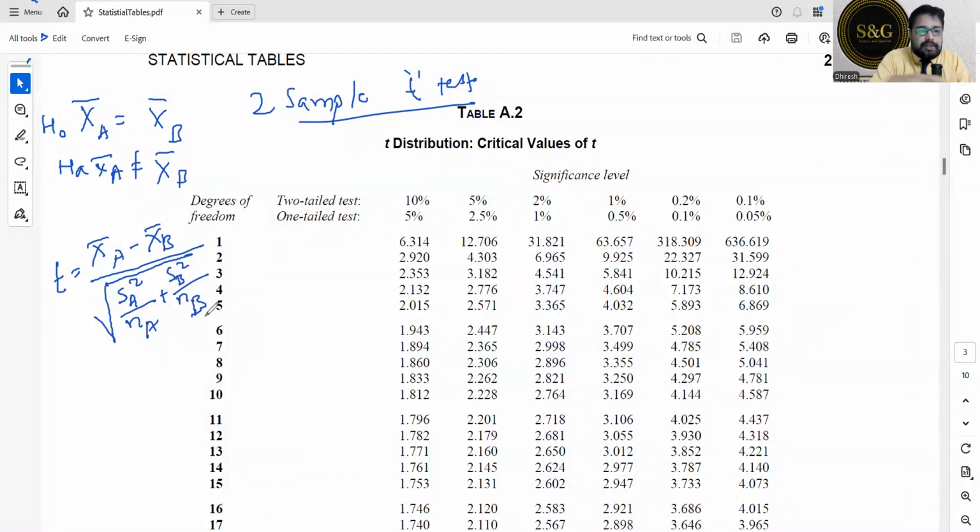Just take this. This is the formula for two sample t-test.